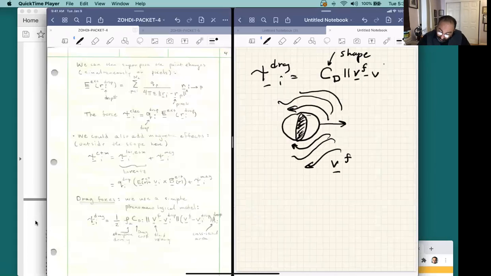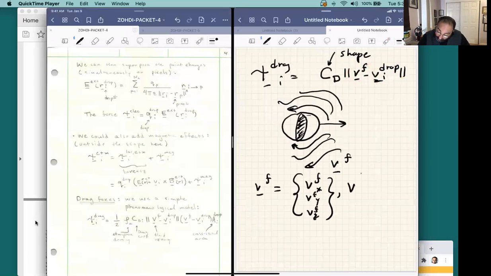So if we take the velocity of the drop of material and we take the difference between the drop of material and the fluid here, the relative velocity is given by the absolute value, the norm, of these two vectors. Now keep in mind, these are vectors. So V of F at any given point is equal to V of Fx, V of Fy, V of Fz. It's a vector. The same thing for the drop of material.